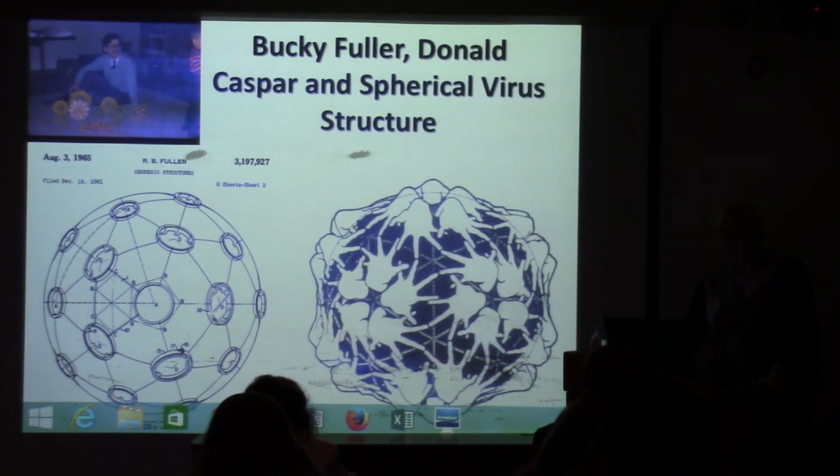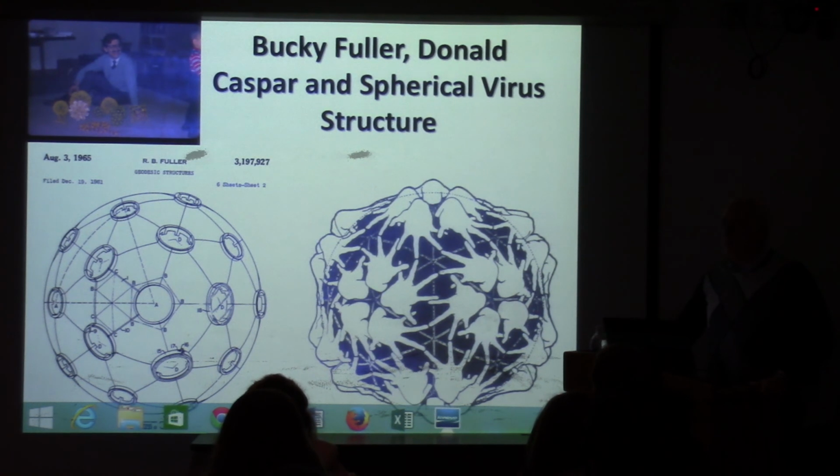So one of the people who did this was a guy named Don Casper. He was actually living in Cambridge, Massachusetts. He was at Harvard at the time. The photograph of him up there in the upper left was actually taken by Bucky Fuller when he came over to visit his house. He invited Bucky Fuller to give lectures at Harvard on this design principle. And on the left there, you can see one of Buckminster Fuller's patents.